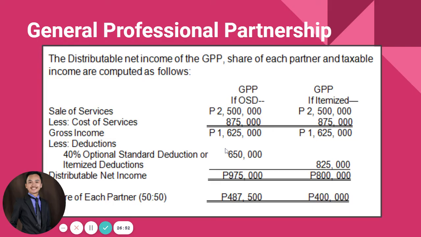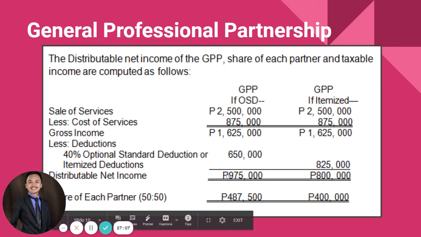So gross income times 40%, so we have 650. And then itemized, guys, as mentioned earlier, we have total itemized deductions of 825,000, excluding the unliquidated expenses. So that means if the partnership opted to use OSD, then it has a distributable net income of 975.